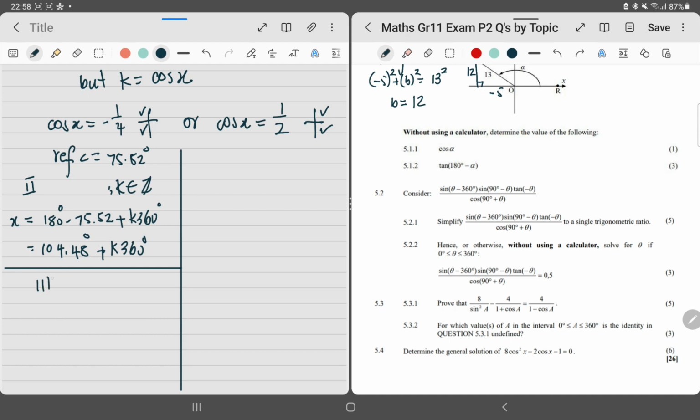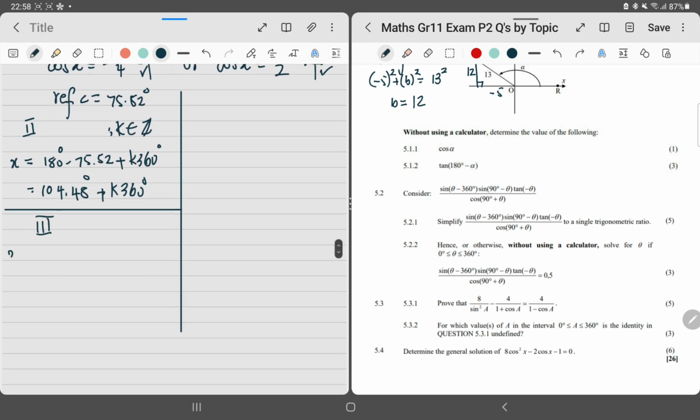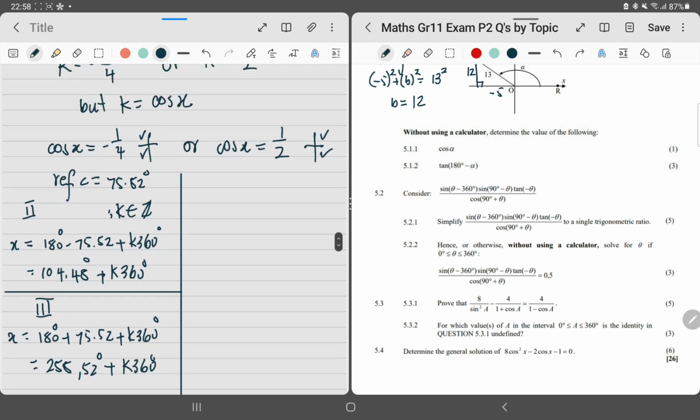And then in quadrant 3, x is equals to 180 degrees plus 75.52 plus k 360. So that's 255.52 degrees plus k 360.